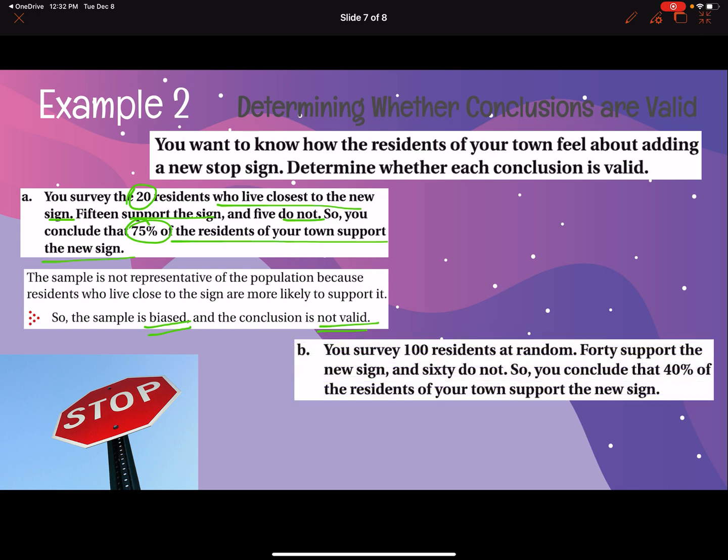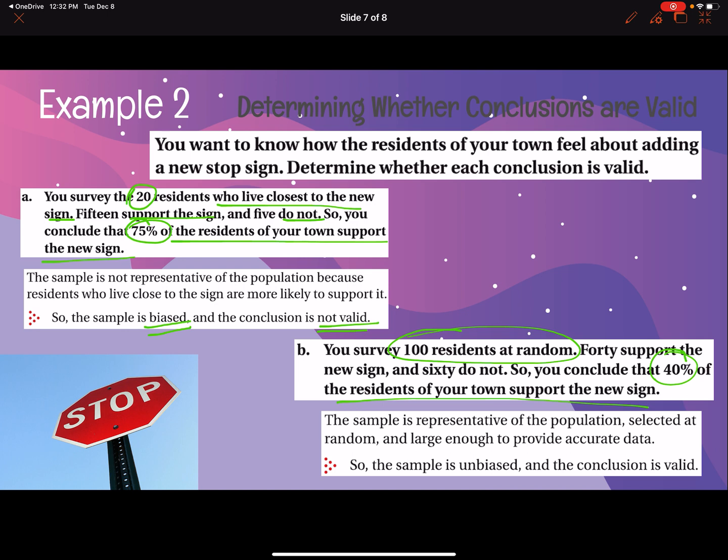Part B, you survey 100 residents at random. 40 support the new sign, 60 do not. So you conclude that 40% of the residents of your town support the new sign. So 100 residents at random, that changes a lot of information here. Would your conclusion be more likely to be valid?